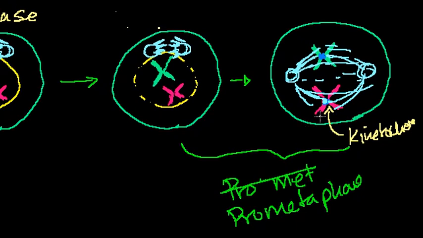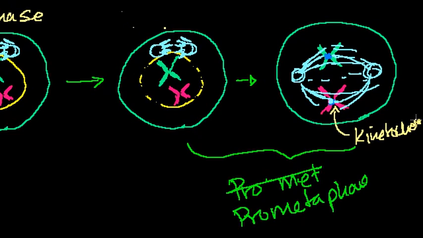And as we'll see in a second, it's at the kinetochore that the microtubules essentially start to pull at the two sister chromatids and actually pull them apart. It's not understood exactly how that works. It's just been observed that this happens.